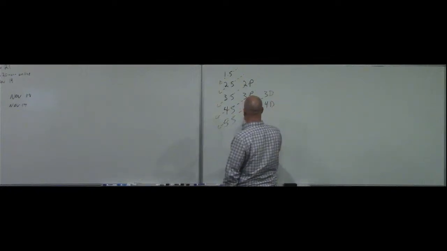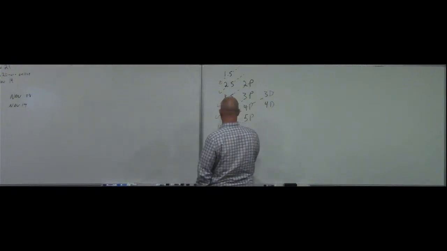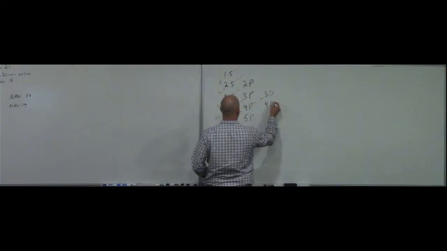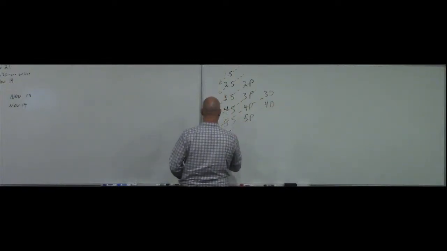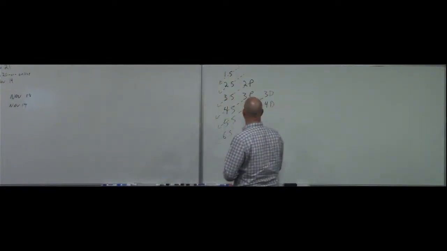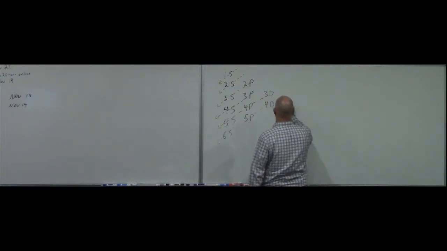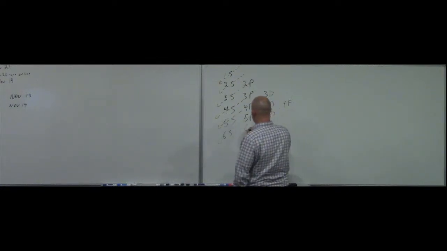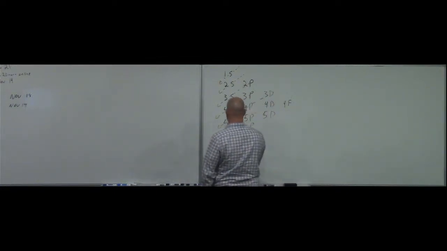What's next? 5p. And next? 6s. Good. What's next? 4f. And then 5d, 6p, 7s.